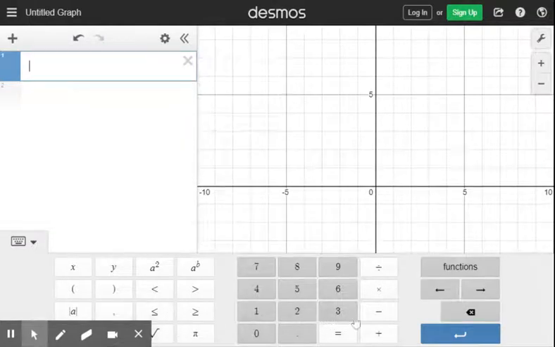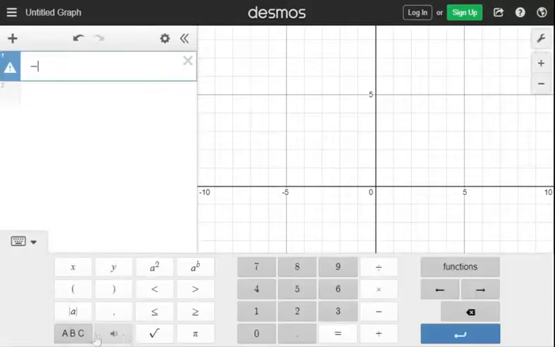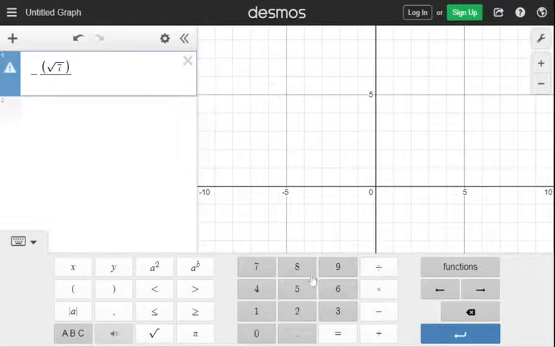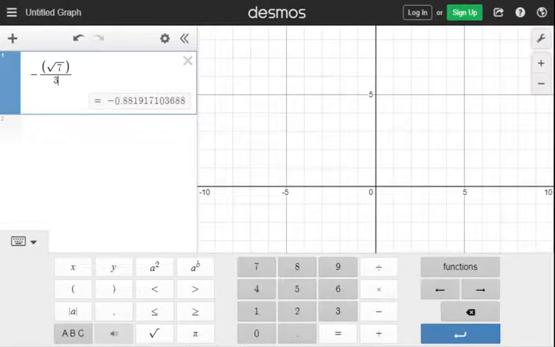So I'm going to type in negative parenthesis square root of 7. Then I'm going to press over once and close my parentheses. Then I press the divided sign and then 3. All right, you'll see I get negative 0.8819.